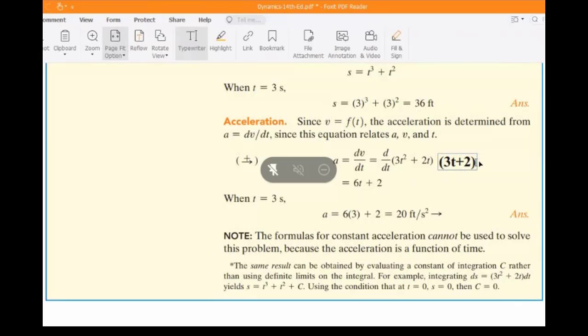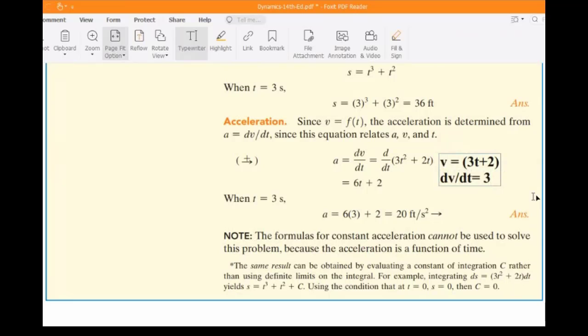I am saying this one as v, not a. So for differentiation we need to do dv by dt on the equation, and after this you will find 3, isn't it?